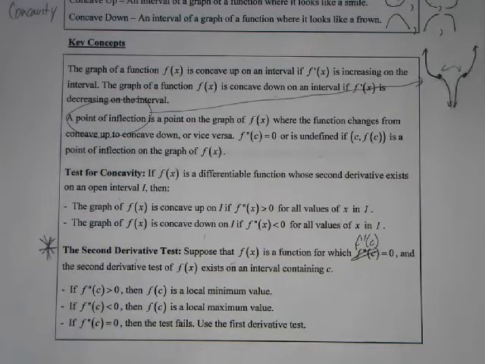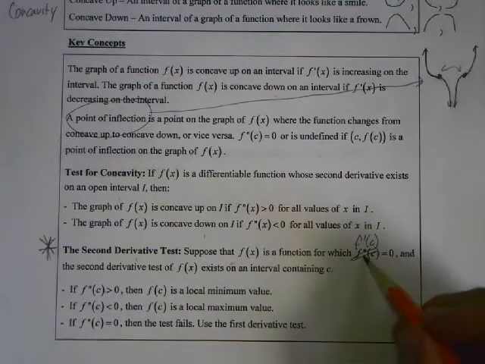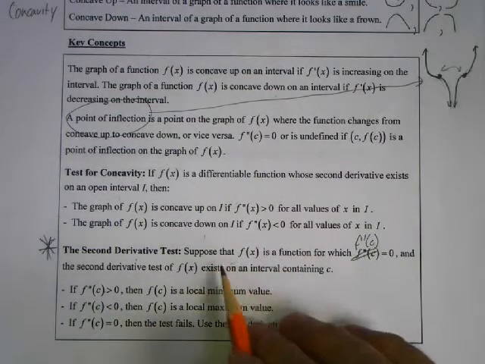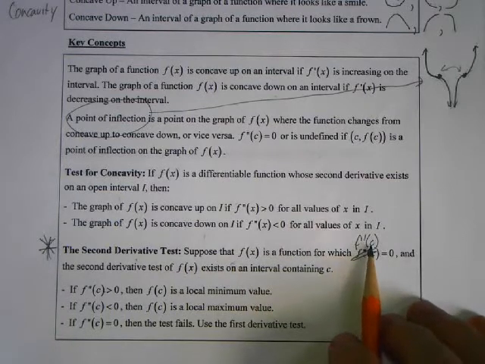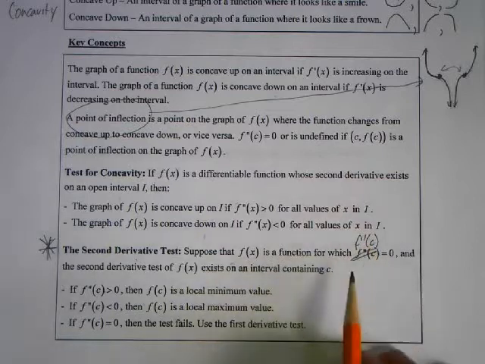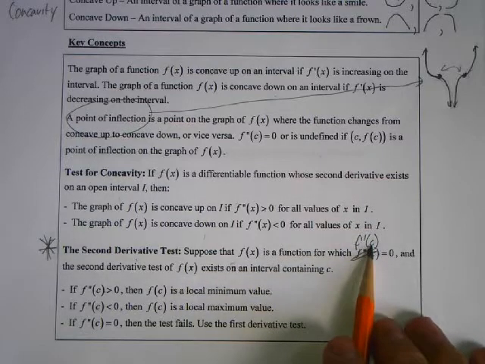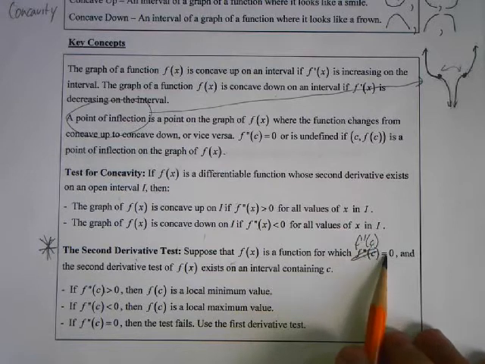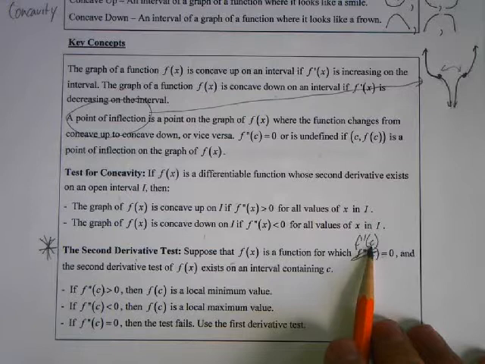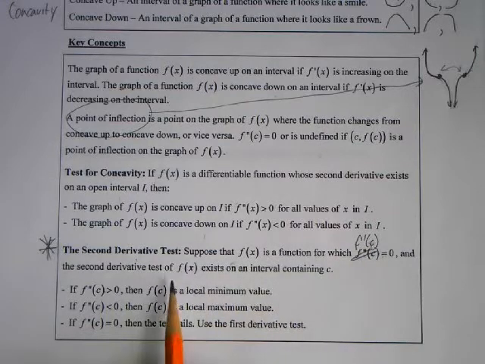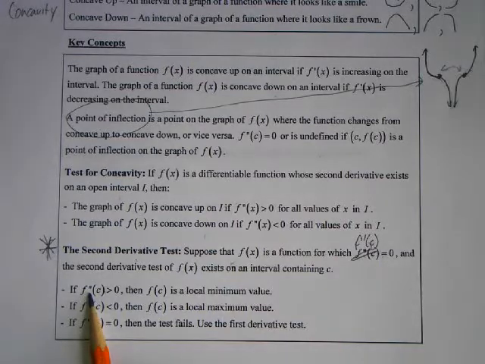So how do we use this? If we found a value c for x, where c is a critical point, so the derivative at c is equal to 0, then we plug that value of c into the second derivative.